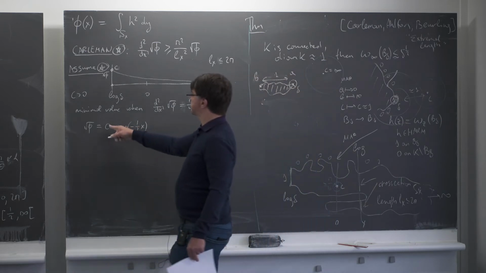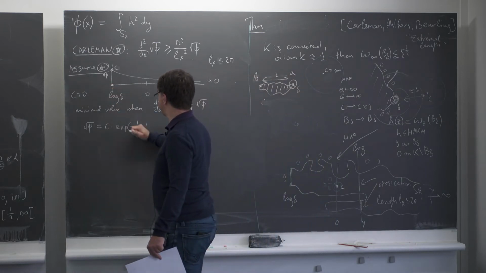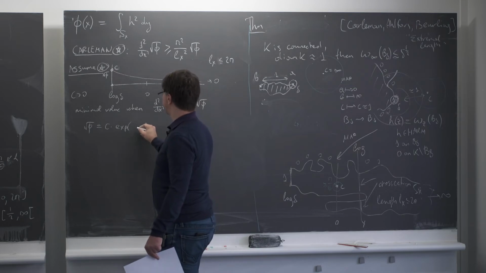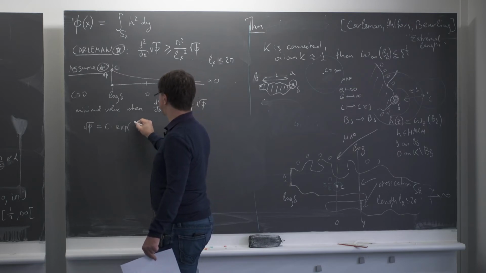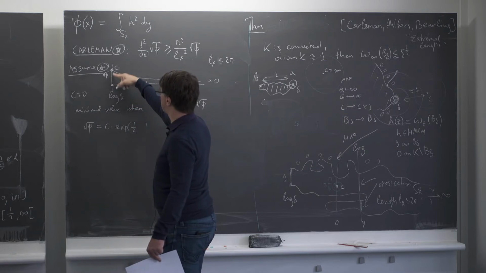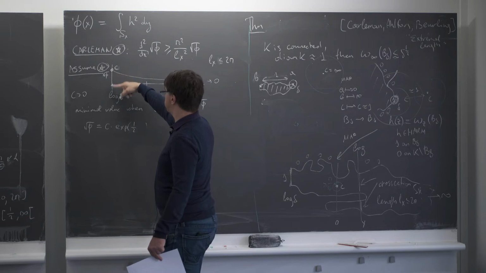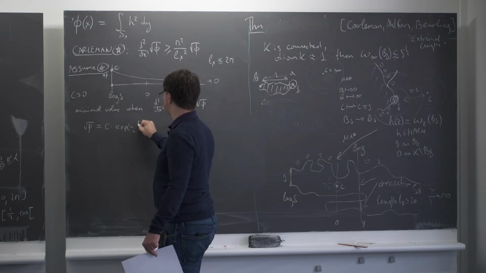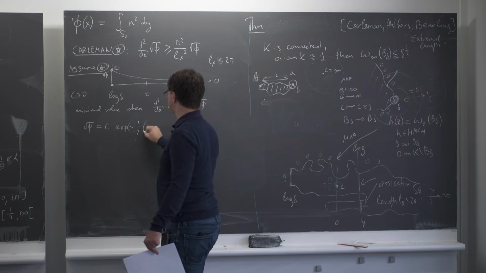And the exponential should be such that at log delta we get a constant. So it's minus 1/2 of x minus log delta.